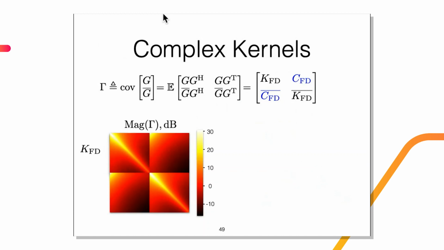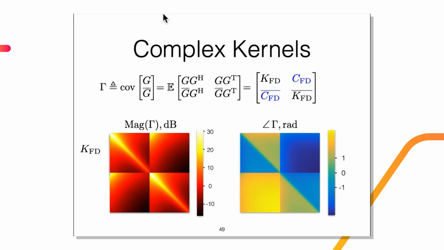And so we get there at the bottom left a visual representation of this augmented covariance function. That's just the magnitude. The phase is coming right here. This is what you need to do to be complete to estimate transfer functions with complex Gaussian processes.